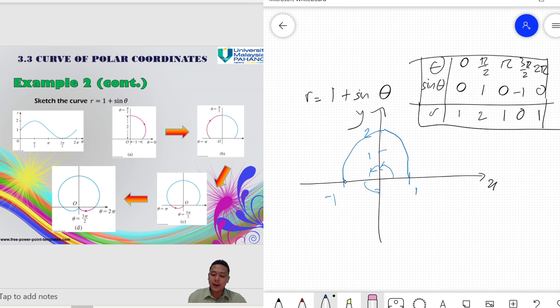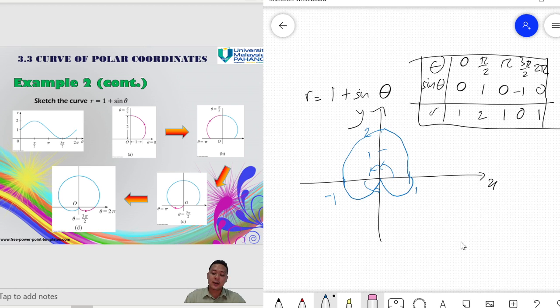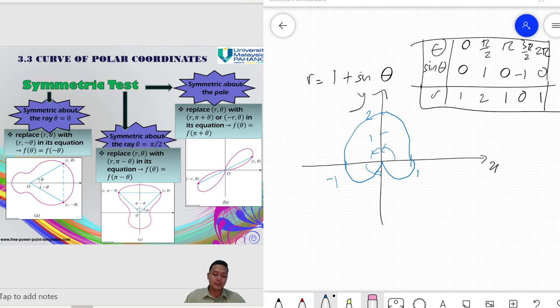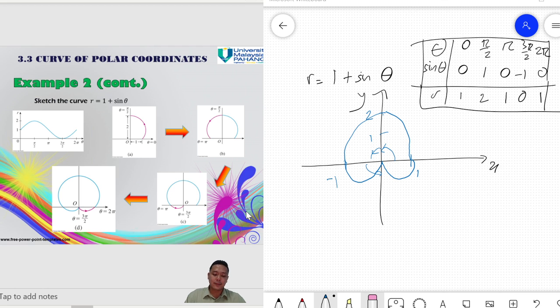The distance R becomes 0, so the curve moves to 0. And if we complete the whole turn until 2 pi, the distance becomes 1 again. So it becomes a cardioid, or the heart shape. But please sketch it more beautifully than me.